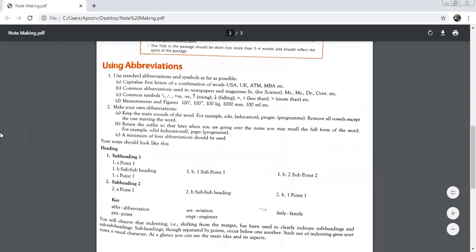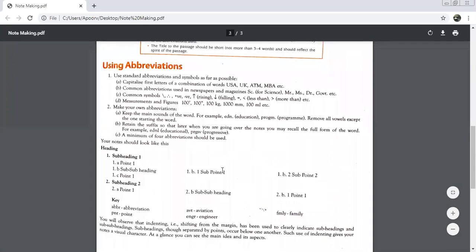What you need to do is simply write 1, then 1A, 1B, 1C. You don't have to write the words subheading and subpoint. You only have to write these numbers in indenting: 1A, 1B, 1B.1, 1B.2, 1C. Over here you will write 2A, 2B, 2B.1.